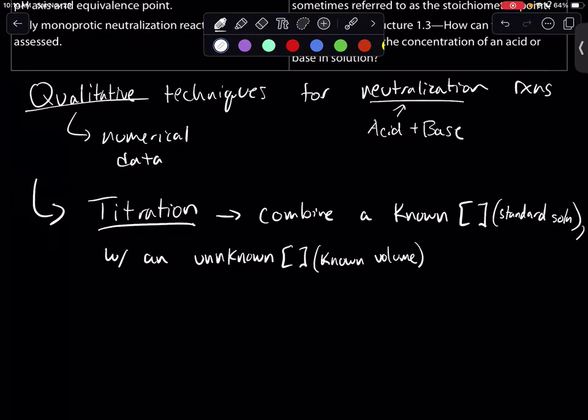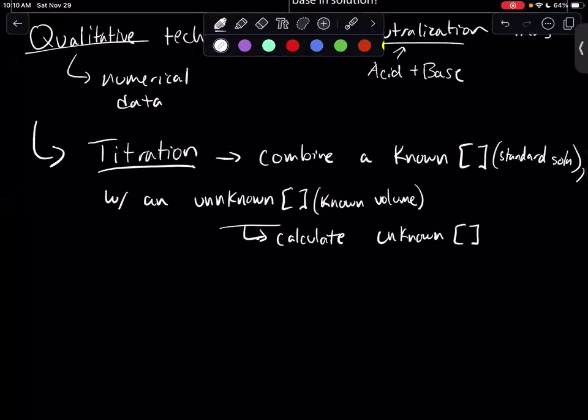By combining the known with the unknown, we can produce data which gives us the stoichiometric relationship, which means we can calculate the unknown concentration. I'm just using the concentration symbol so that I don't have to keep writing it out.